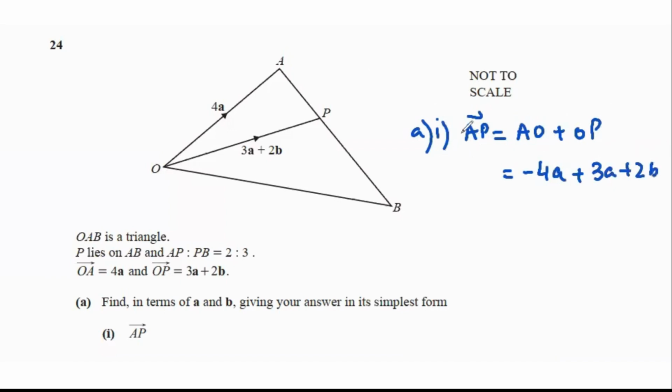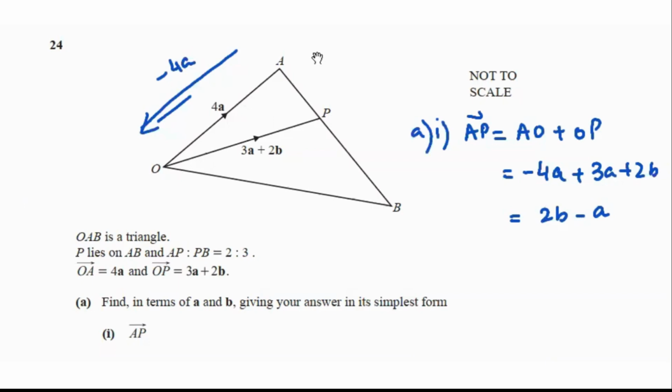Why negative 4a? Because we're changing the direction. O to A is 4a, so A to O would be negative 4a. So that's going to be 2b minus a. That's AP.